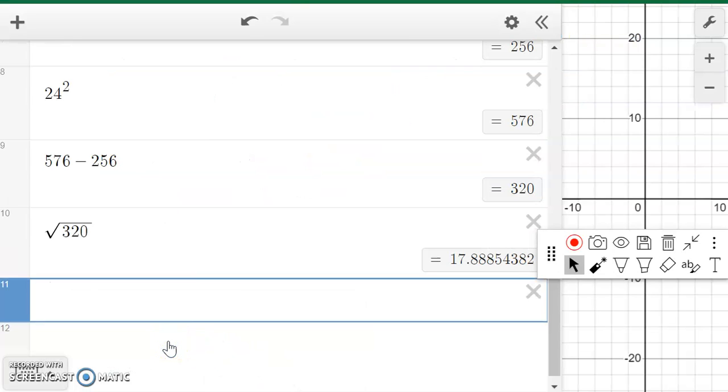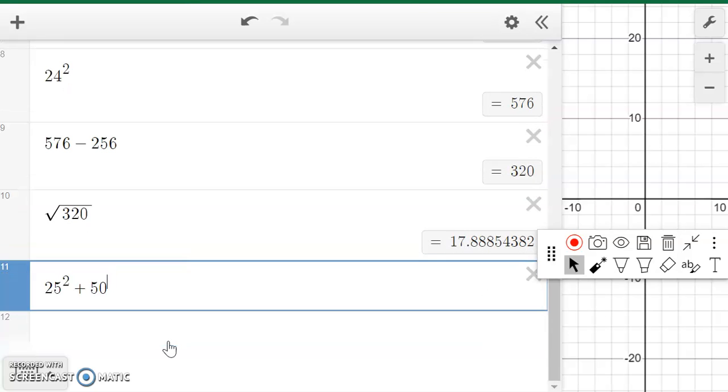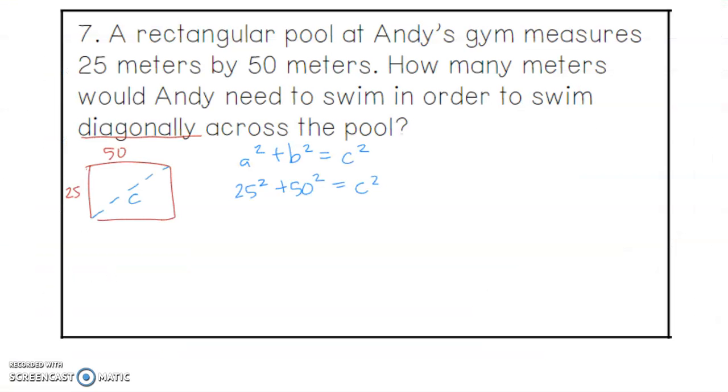I'm going to do 25 squared plus 50 squared is 3,125. Okay, so right now we found the area of this whole rectangle. We don't want that. We just want the side length here.